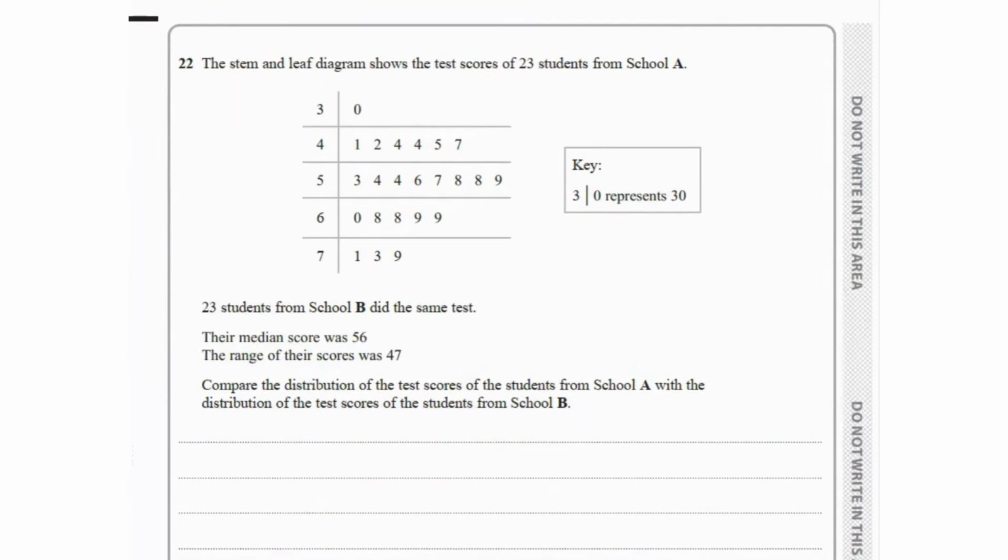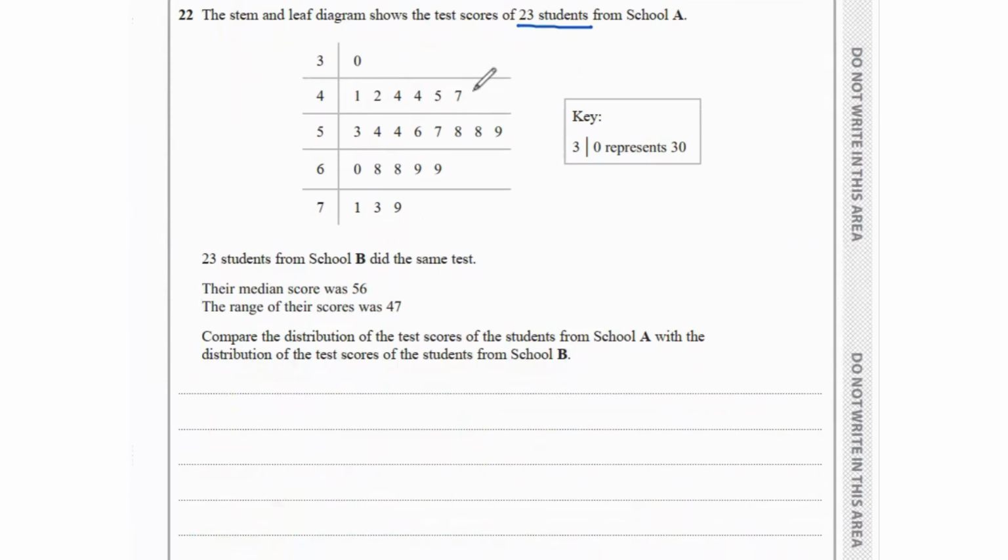So let's first find the median and range of school A. So we have 23 students, so 1, 2, 3, 4, 5, 6, 7, 8, 9, 10, 11. 57 is the median score because 11 scores before that, 11 after that. 1, 2, 3, 4, 5, 6, 7, 8, 9, 10, 11.